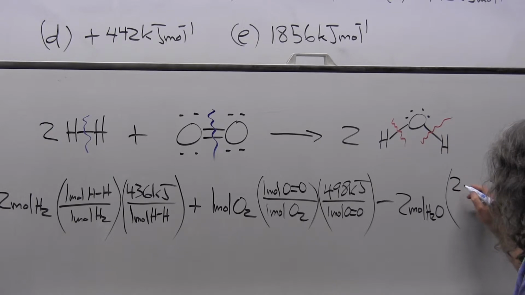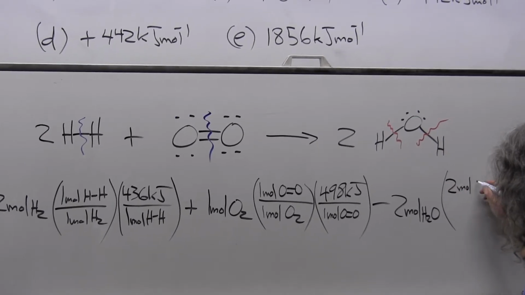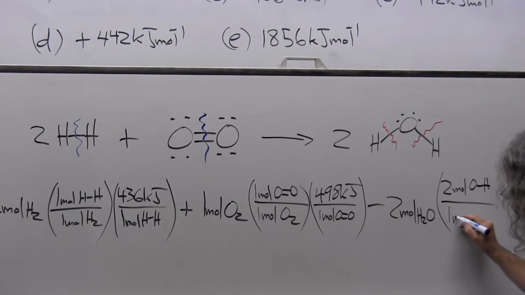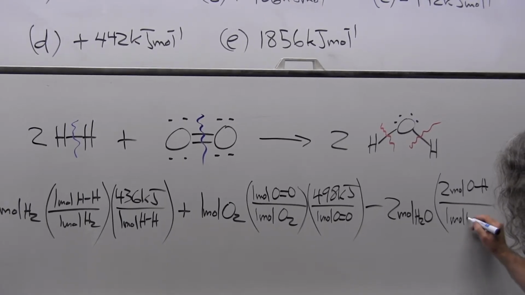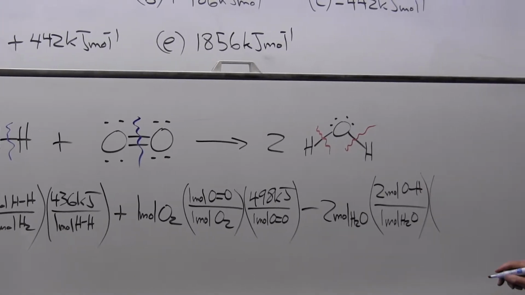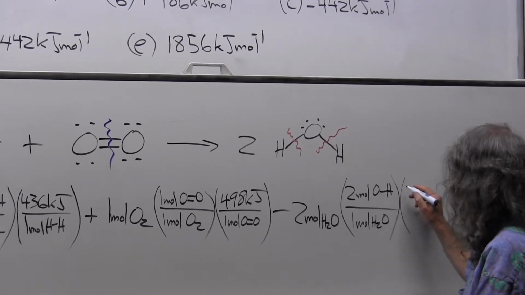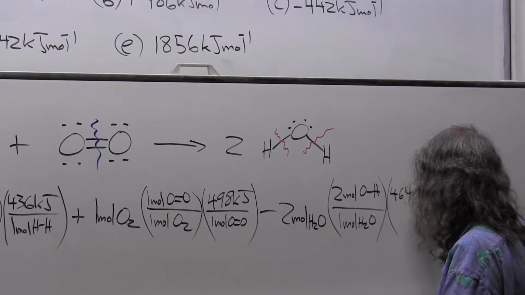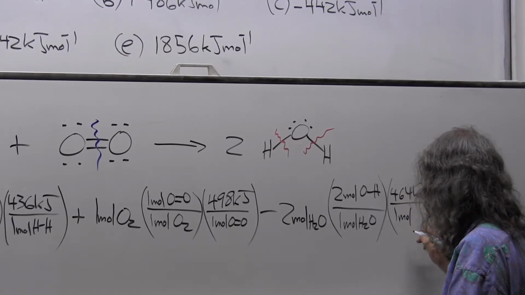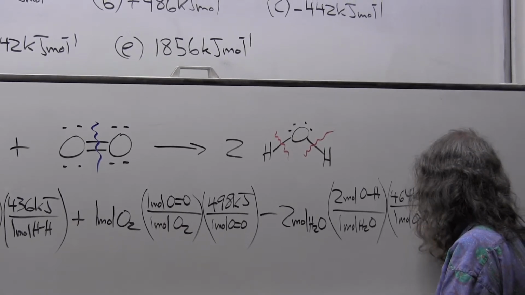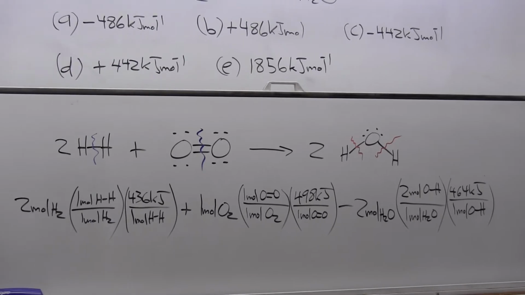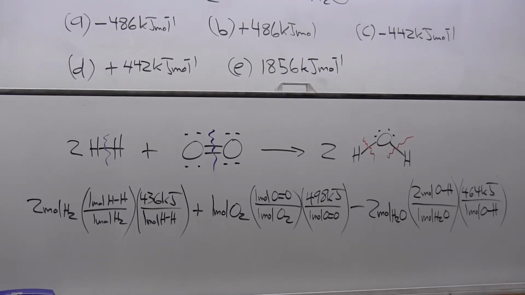There are 2 moles of oxygen-hydrogen bond for every 1 mole of H2O. And there is 464 kilojoules for every 1 mole of oxygen-hydrogen bond dissociation. And that's it, because there's only one product.